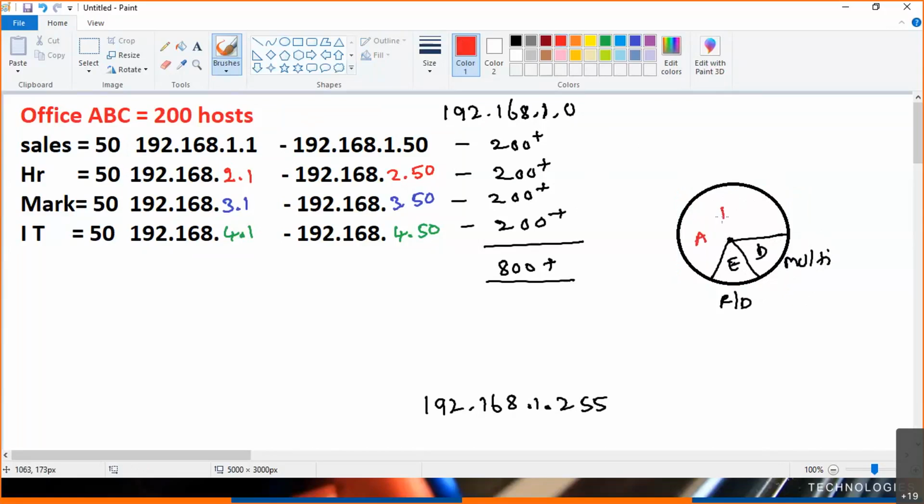Class A, Class B, Class C. From Class A, 0.0.0.0 is the global ID, we are not making use of it, and 127.0.0.0 is the loopback ID. Network IDs are subtracted, broadcasts are subtracted. So only the remaining IP addresses are there for us to survive globally.